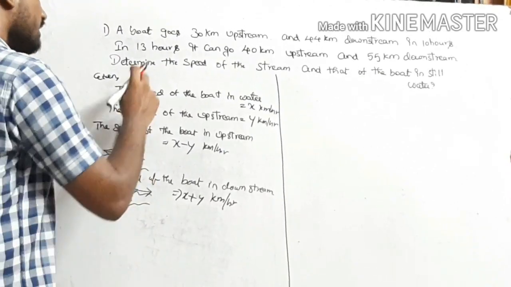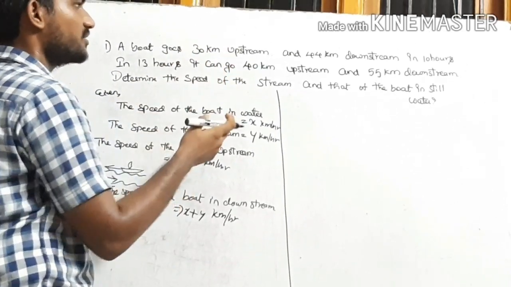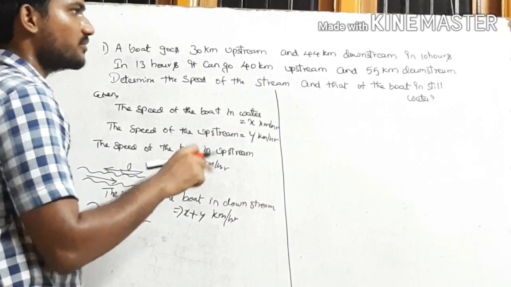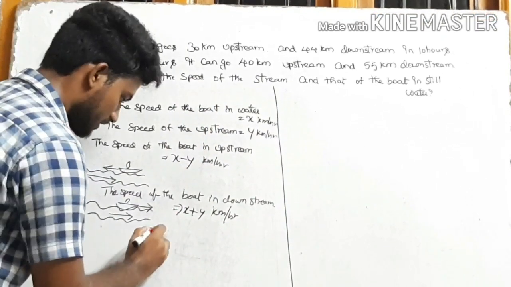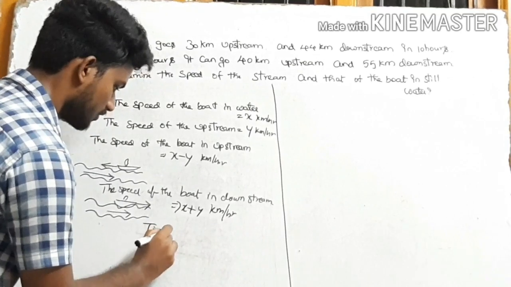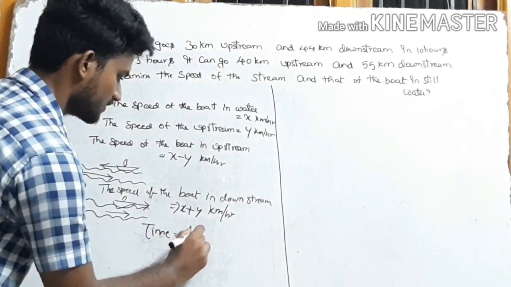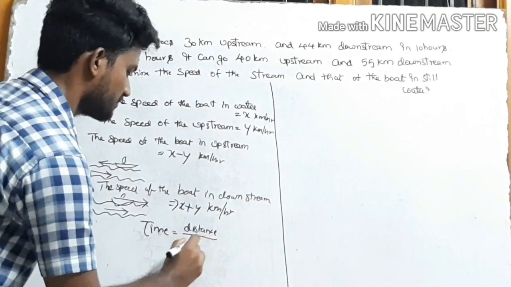A boat goes 30 kilometers upstream and 44 kilometers downstream in 10 hours. Time equals distance by speed.